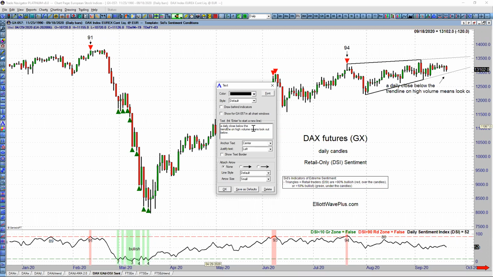A daily close below the trend line on high volume means look out below.